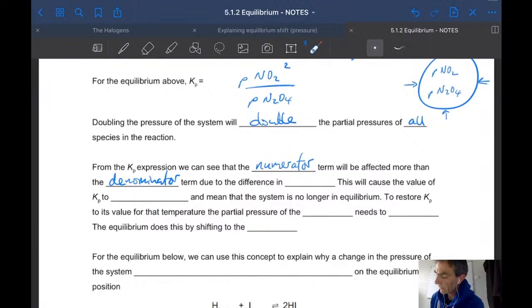So basically, to explain the effect of pressure, you need to look at which side has the highest power. If these both double, the top's affected more because that doubling gets squared. And that's down to a difference in the powers.